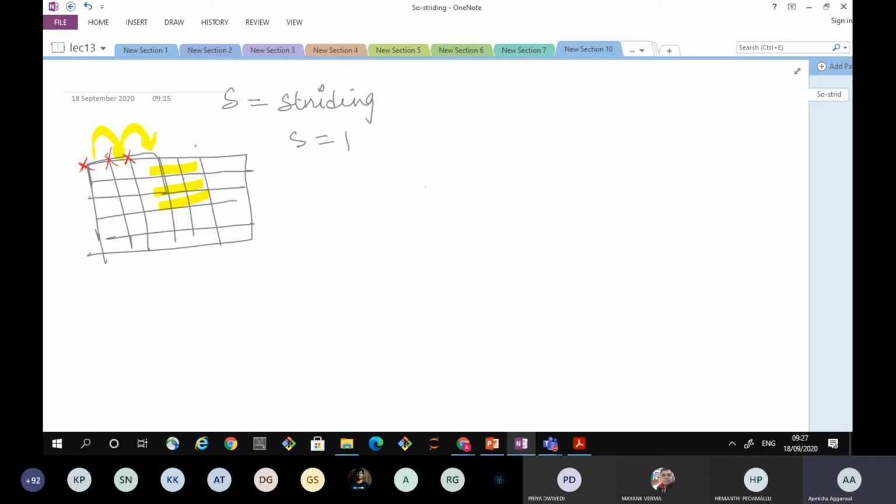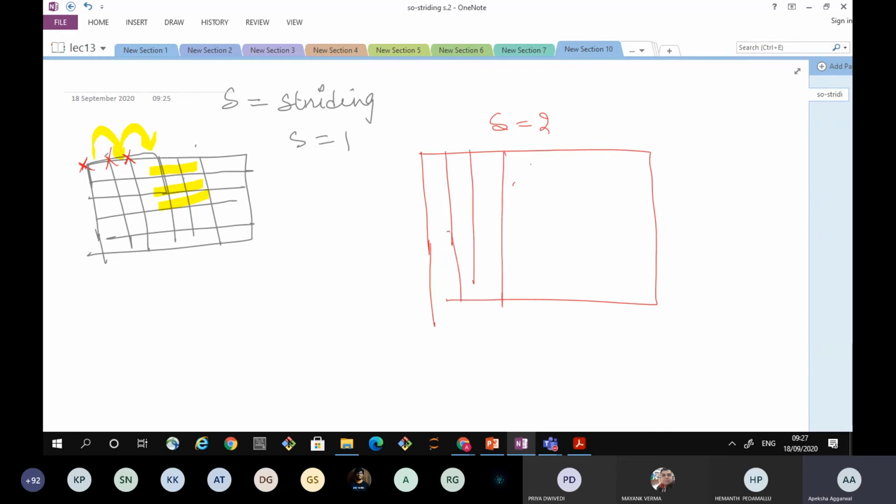If I'm setting s equal to 2, I'm changing the starting point of the filter. If I'm doing the convolution the first time, it will be over here, and the second time it would start from this, so basically I have left this part.